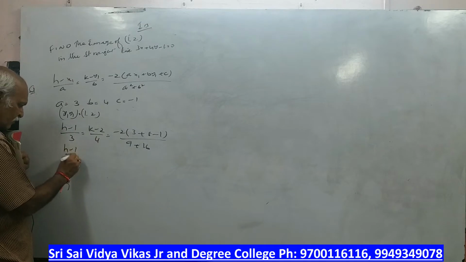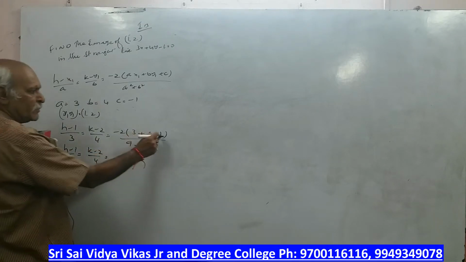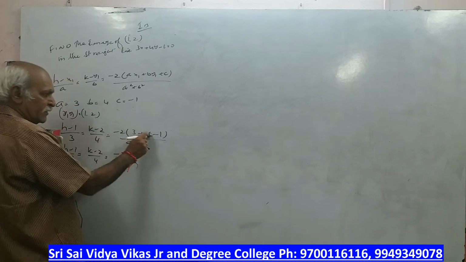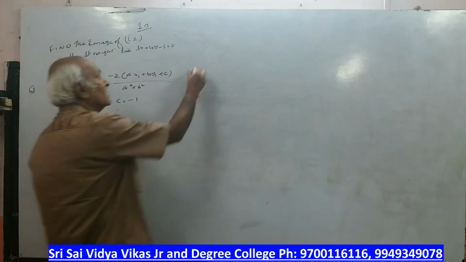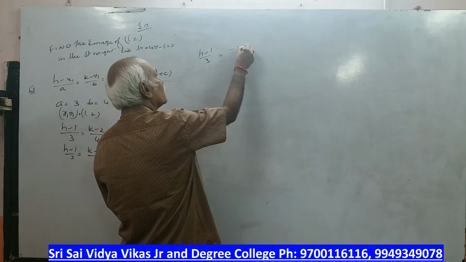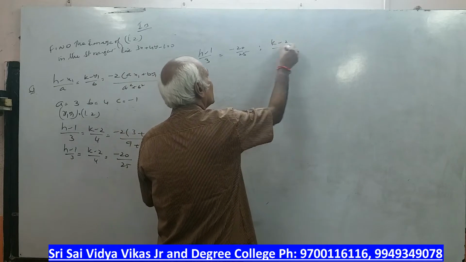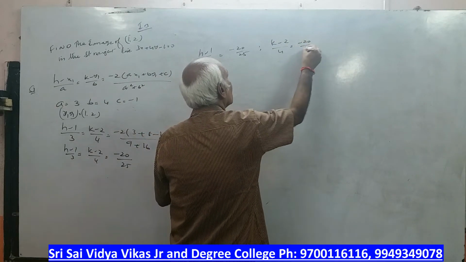So h minus 1 by 3, k minus 2 by 4, 11 minus 1 is 10, 10 into 2 minus 20, here 25. So, what will happen? h minus 1 by 3 is equal to minus 20 by 25. Similarly, k minus 2 by 4 is equal to minus 20 by 25.